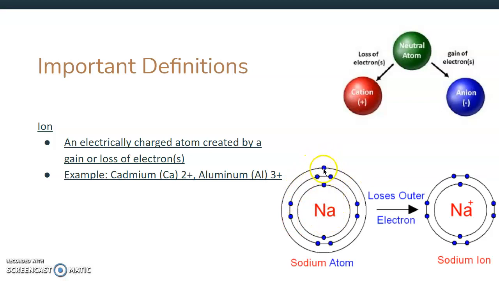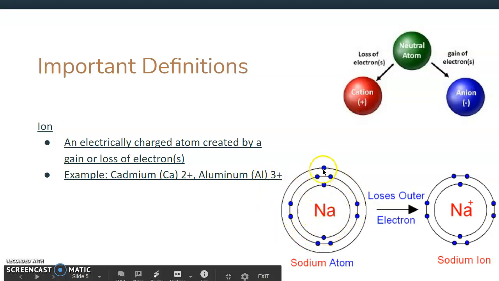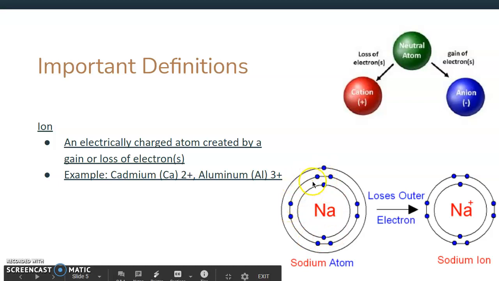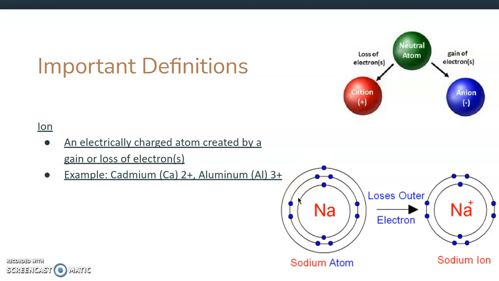If it could somehow get rid of this electron, it would go back to having a full shell on the outside, a full valence shell. Right now it's unstable because it has just 1, and it needs to be either at 2 in the inner shell or 8 electrons in an outer shell to be stable.